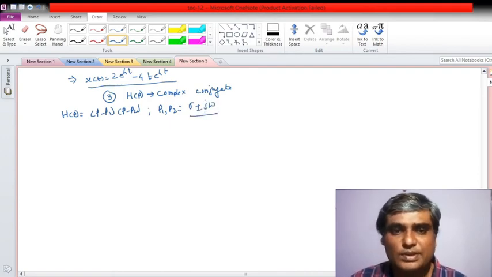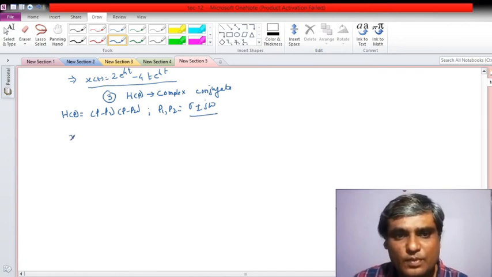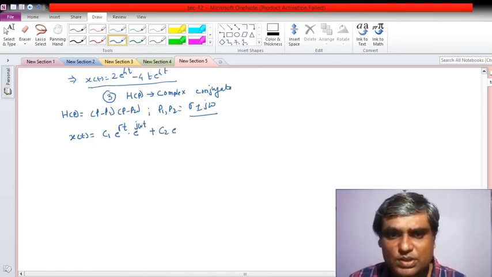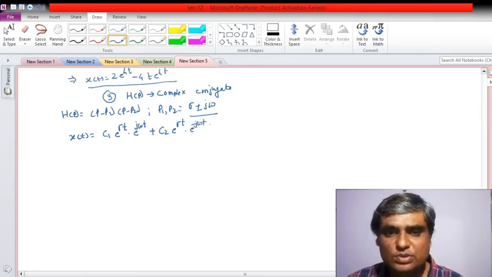So what will be the solution? x of t will be your constant c1 e^(sigma t) into e^(j omega t), that is sigma plus j omega, and next you can write c2 e^(sigma t) into e^(minus j omega t), that is sigma minus j omega, the second root.